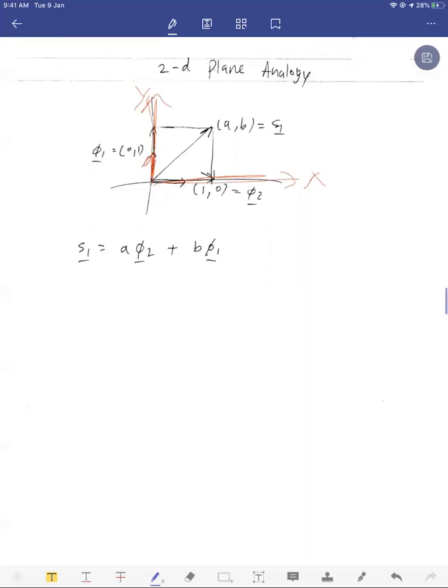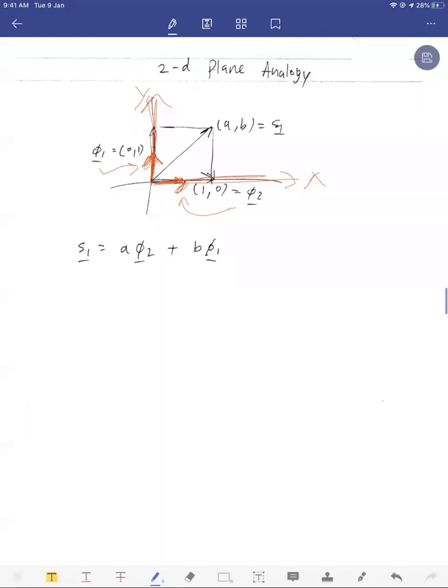Let's call phi1 a unit vector in the y-axis, and phi2 a unit vector in the x-axis. So these two are phi1 and phi2.